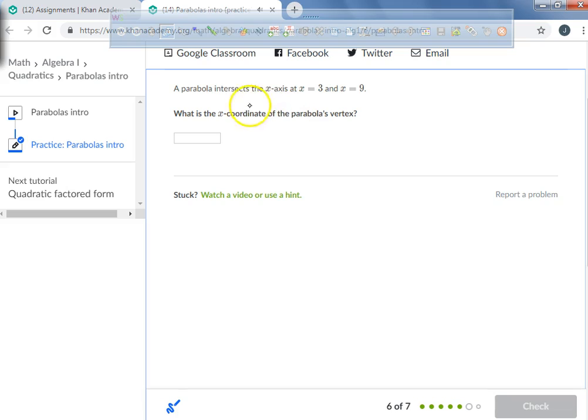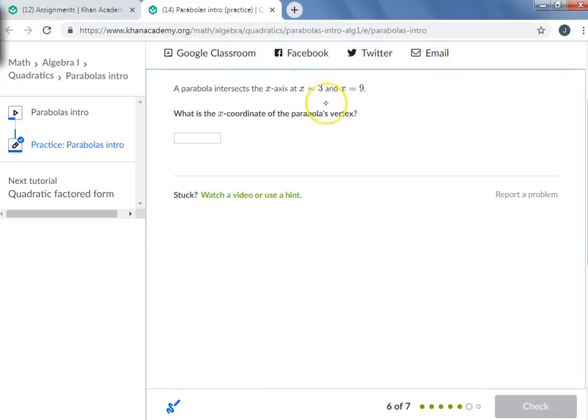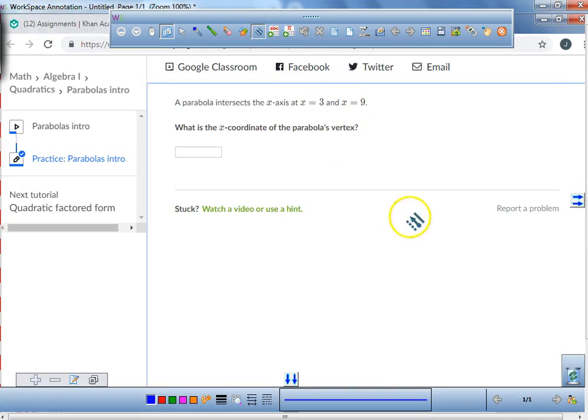All right. So right here it says a parabola intersects the x-axis at 3 and 9. What is the x-coordinate of the parabola's vertex? We kind of did this one on the board, right? Let's do it real quick. We have a y-axis, we have an x-axis right here.